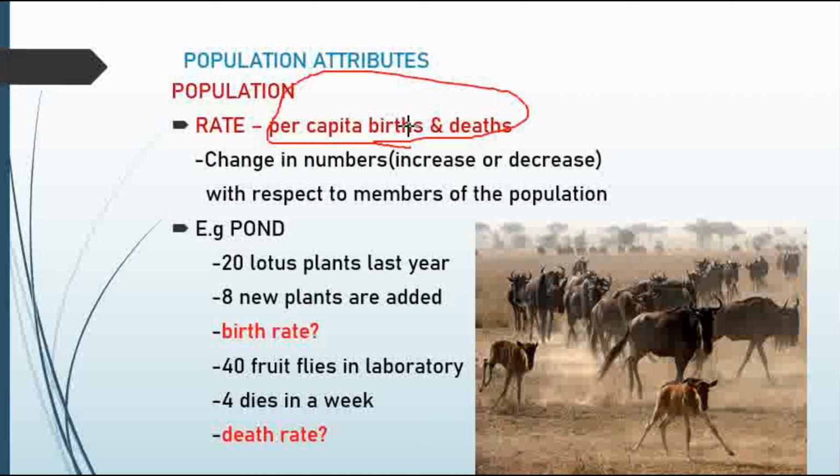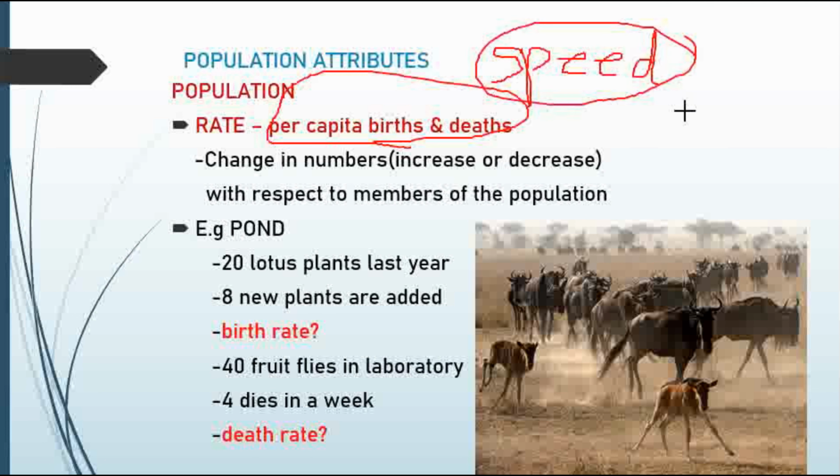Here in population it refers to this, but in general terms, it is the measurement of the speed at which something happens. If an event happens, how fast it happens is a measurement. Or the number of times something happens, that also you call a rate.